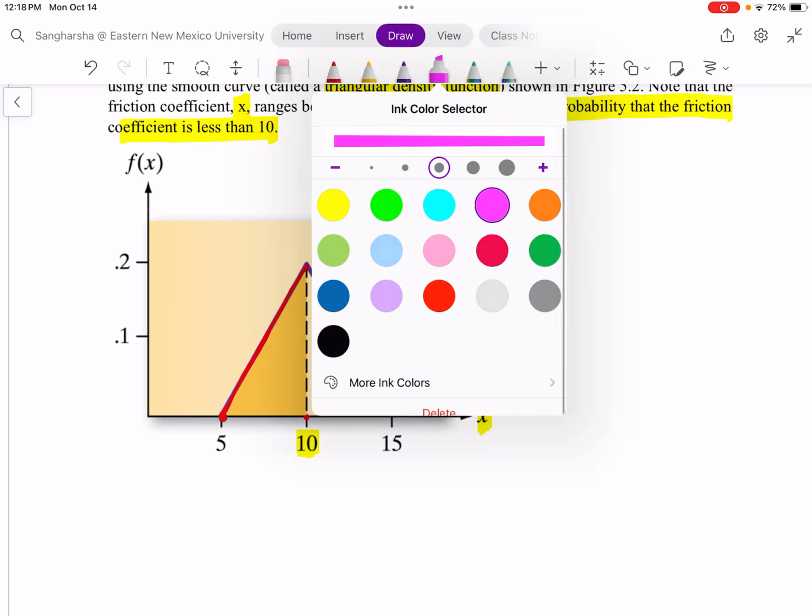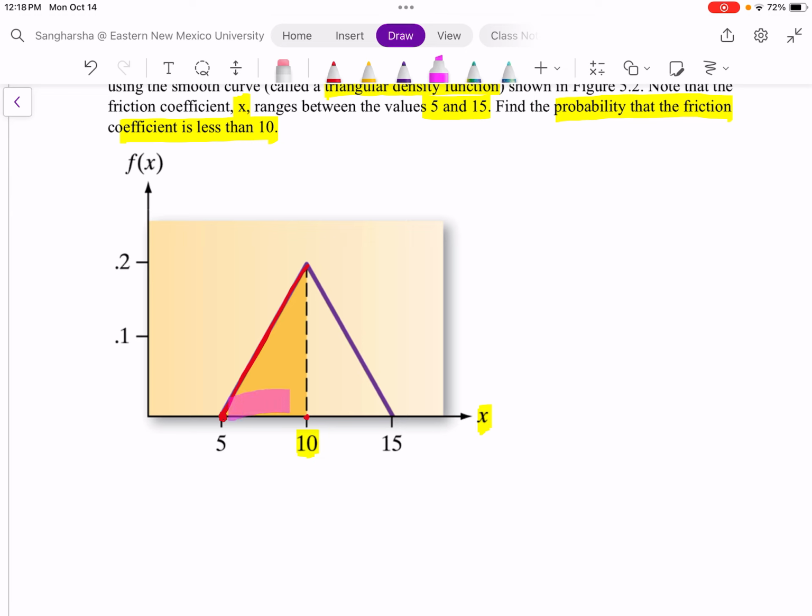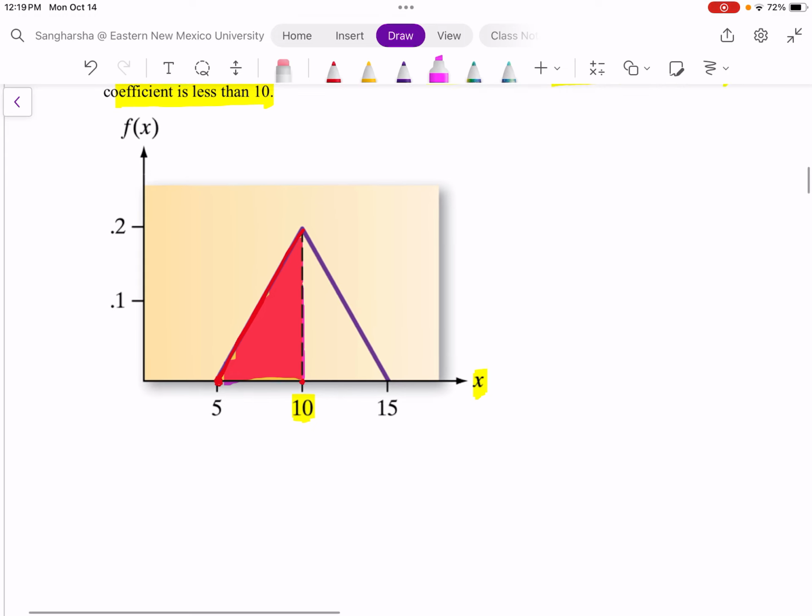So we want to find the area of this region, and this area is the same as the probability that x takes a number between 5 and 10. Now, what is the shape of this region? Triangle, right? And how do we find the area of a triangle?